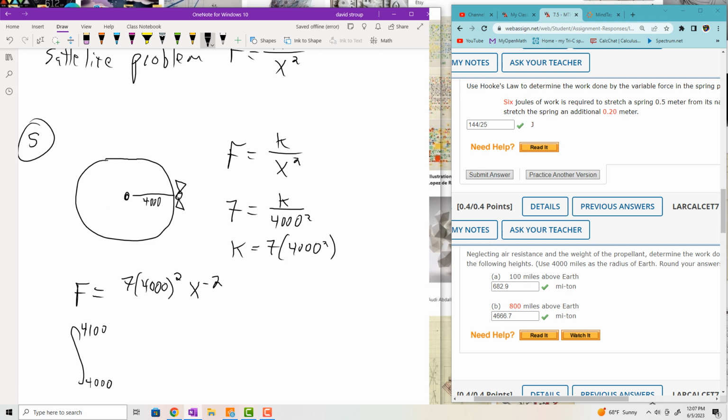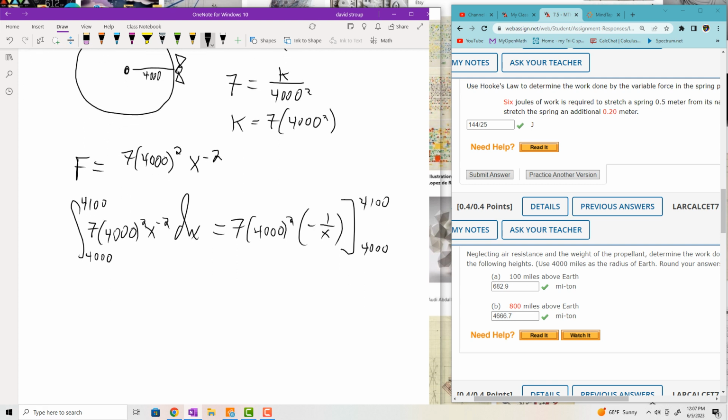Okay, so again, our formula for force this time, 7 times 4,000 squared, and then x to the negative 2 dx. Factor out your constants. Integrate the x to the negative 2. That's going to be x to the negative 1 over negative 1, so negative 1 over x. And then integrate from 4,000 to 4,100.